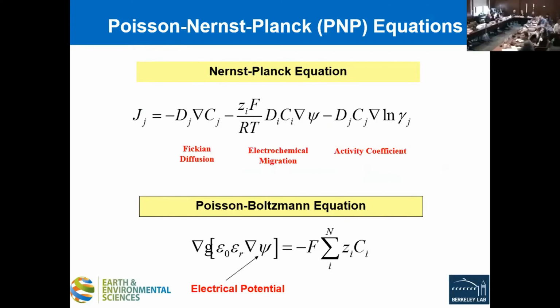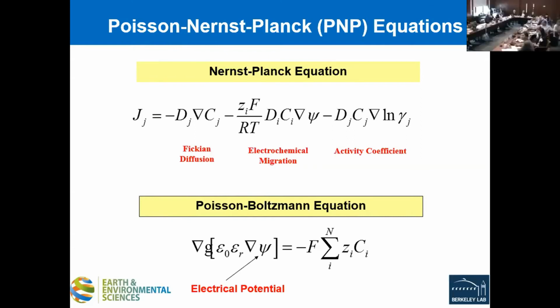So what we tend to use now in solutions with a lot of ions, charged ions, we use the Nernst-Planck equation, where J is the flux. The term on the left is the classic Fickian diffusion that would be used in most groundwater models.